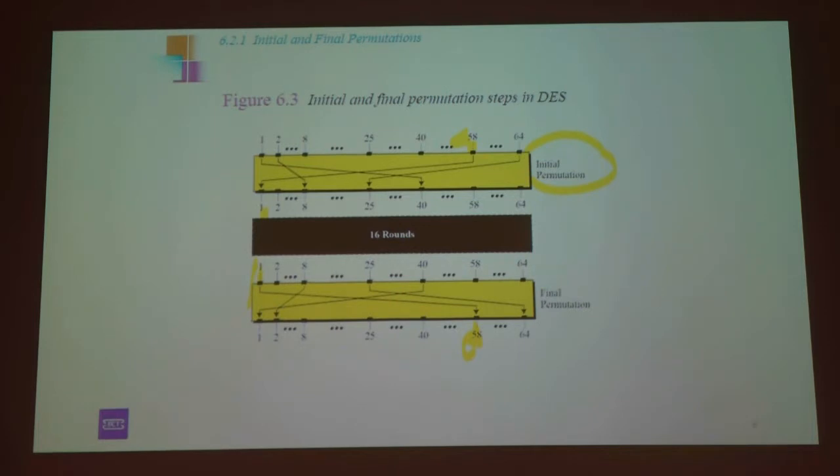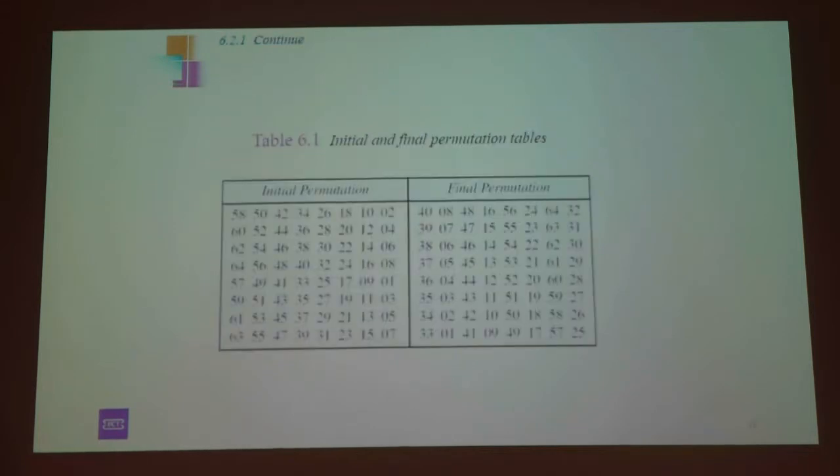Alright, so the description of these boxes, the yellow boxes, are there. What are the inputs and outputs, okay? So usually how do we write these boxes? Like this, okay? So in here, for example, the first output of the initial permutation comes from where? From 58. Did we see it in here?